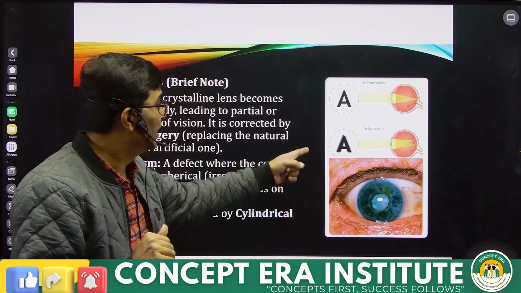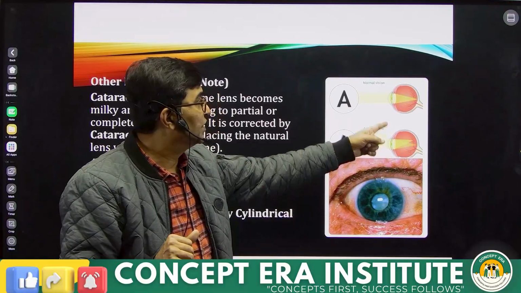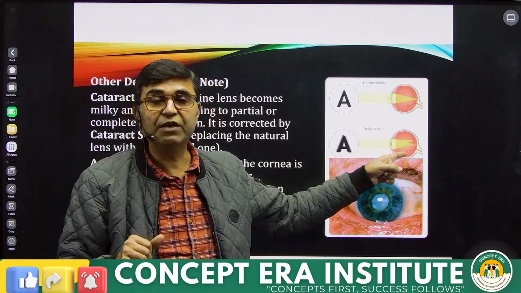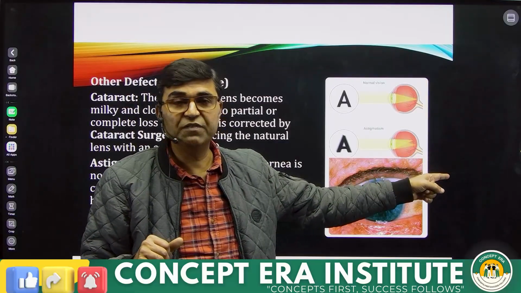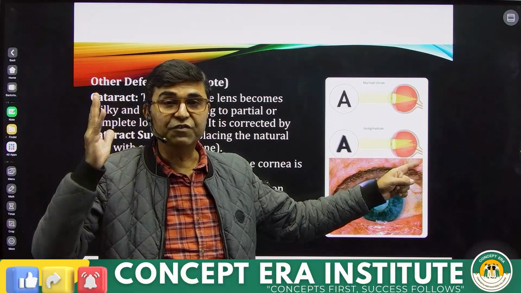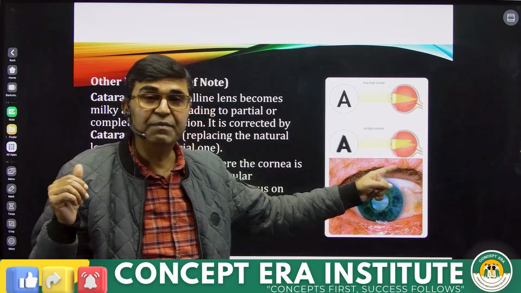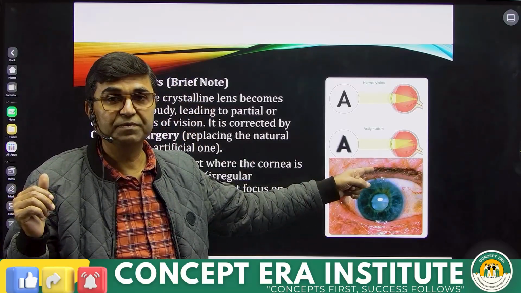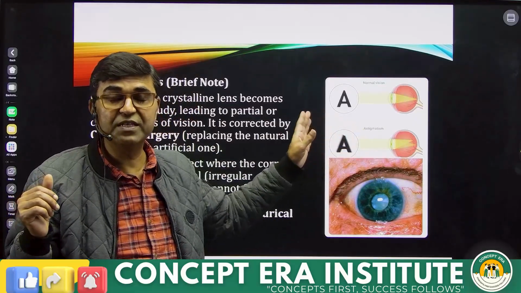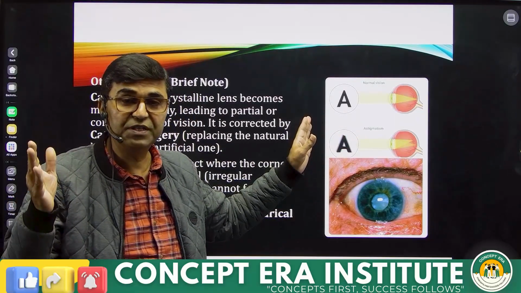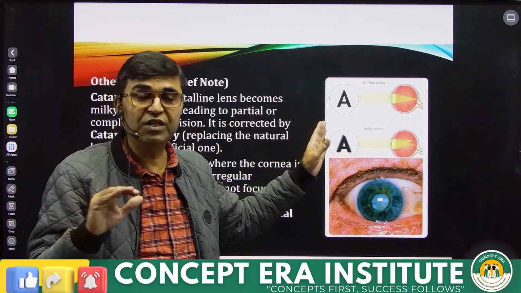This is because the curvature of the eye lens has become irregular. Instead of a single image, two or three images are forming. So it confuses the person as to which image to focus upon. If he focuses on one, the other gets blurred. So he cannot see either the vertical lines or the horizontal lines.